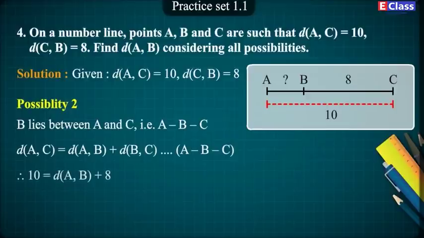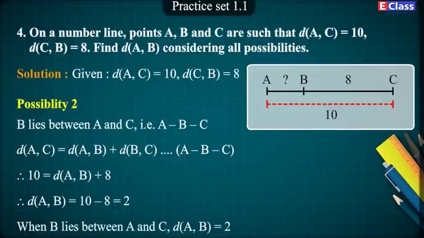Therefore, 10 is equal to distance of AB plus 8. Therefore, distance of AB is equal to 10 minus 8, which is equal to 2. When B lies between A and C, distance of AB is equal to 2. Answer. Distance of AB is equal to 18 or 2.